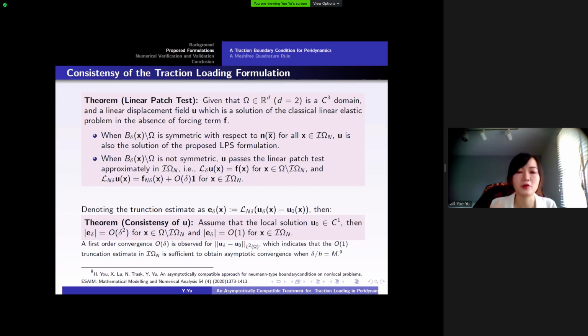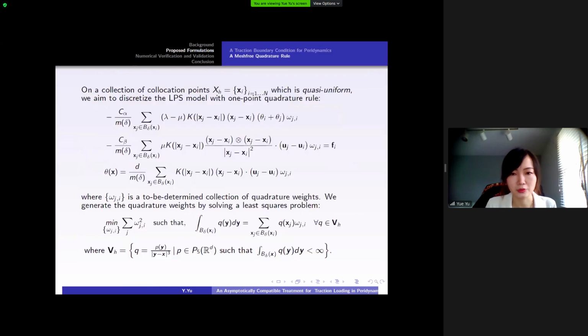Therefore, the formulation will still be asymptotically compatible. On the other hand, later when we discuss the Meshfree quadrature rule, we are going to see that this O(1) truncation estimate is already the best we can get, because we are going to get another O(1) truncation estimate from the bond-breaking representation of the boundary.